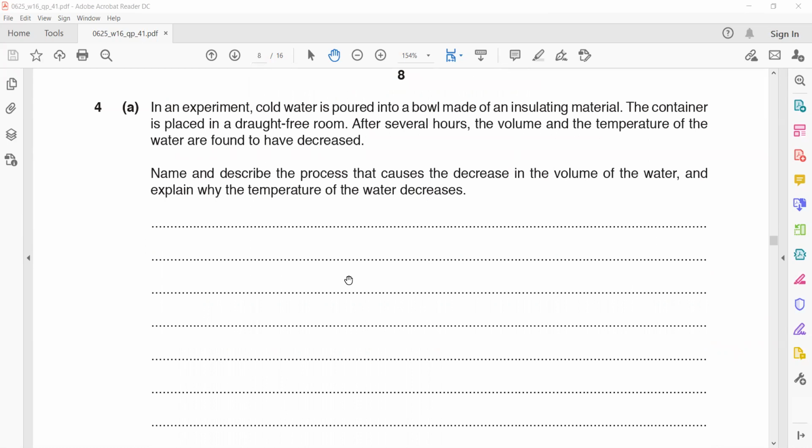Any doubt in question 4? If no doubt, just type no, so I will move on.